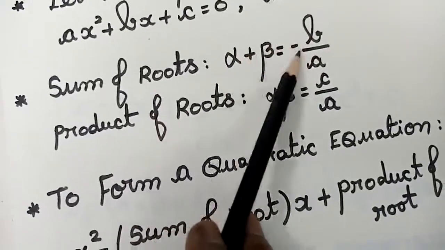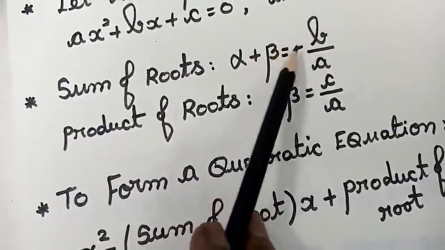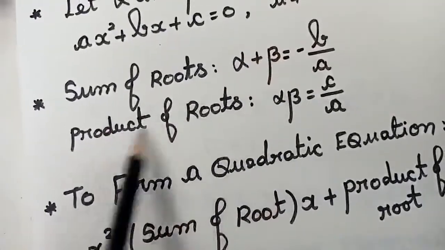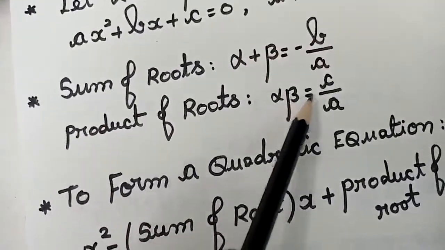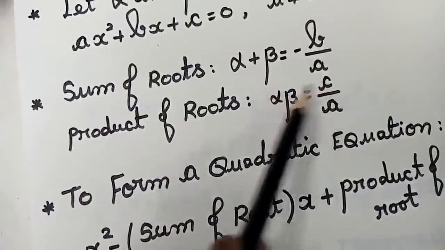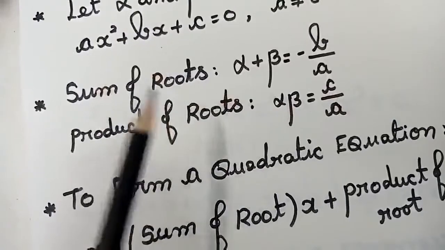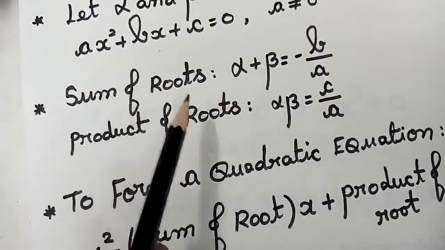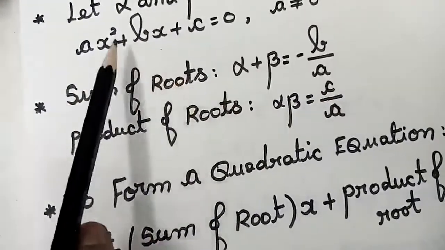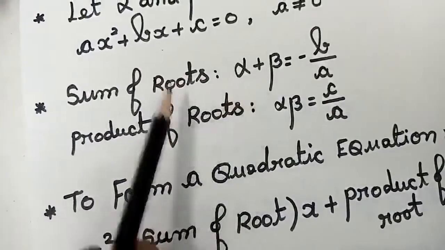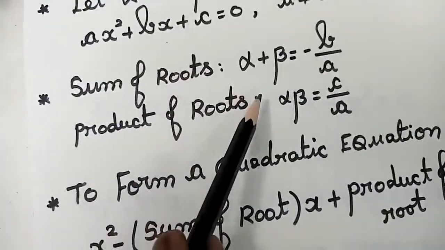These calculations we are going to see with an example. And product of roots, alpha into beta, equal to c by a. If this condition is true, then I can say the roots we have found satisfy the given quadratic equation. And this calculation we are going to see with an example, students.